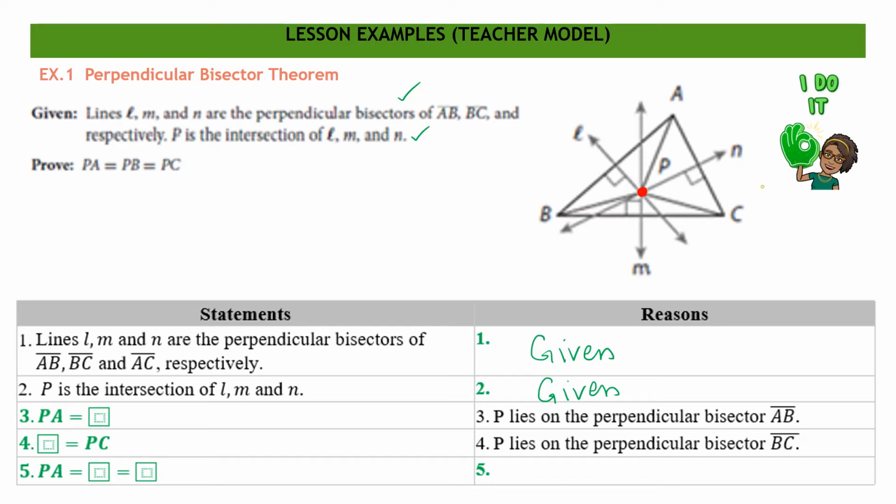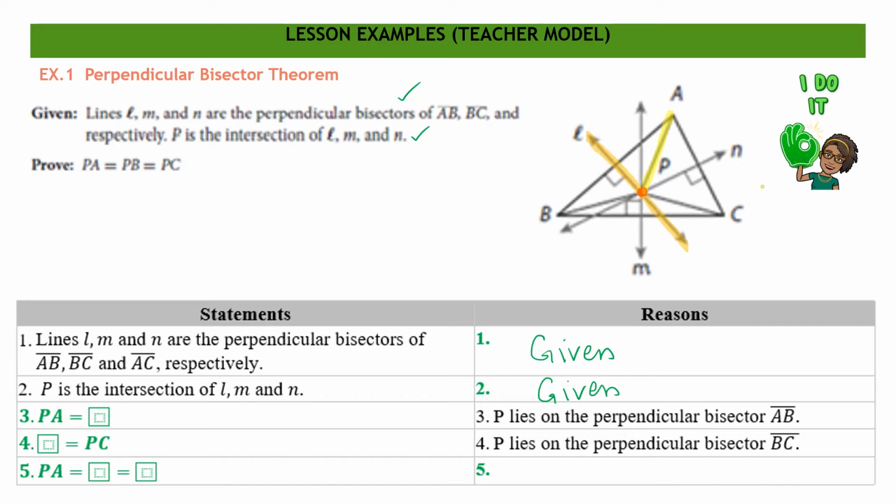So let's look at statement number 3. Statement number 3 states that PA, which is located here, is equal to another segment because P is on the perpendicular bisector of AB. So let's think about this. Let's go back to perpendicular bisectors. The perpendicular bisector of side AB is located on line L, and line L is here.